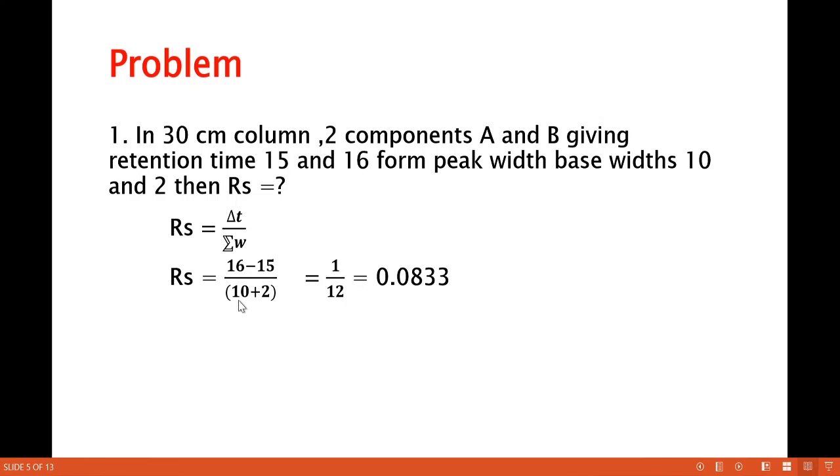This one is the width of the first solute and the width of the second solute.